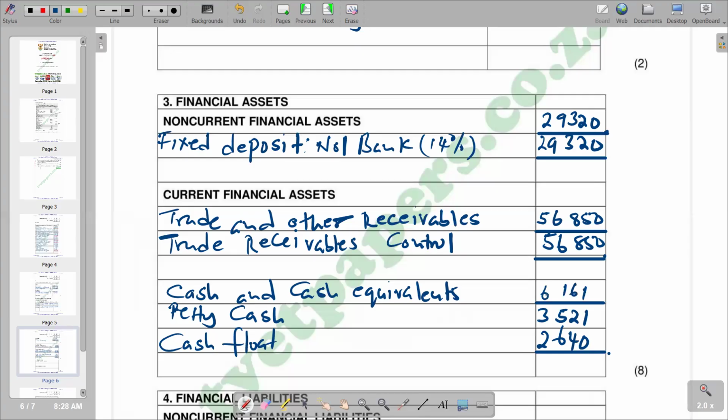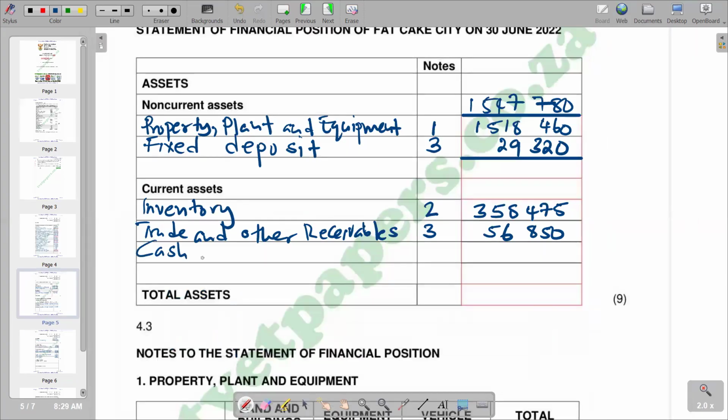So this is a representation of cash and cash equivalents, and you're seeing that we can just formulate our notes whereby we are saying this is note number 3, so we can just refer to note number 3. Whereby we are having our total as 6,161.